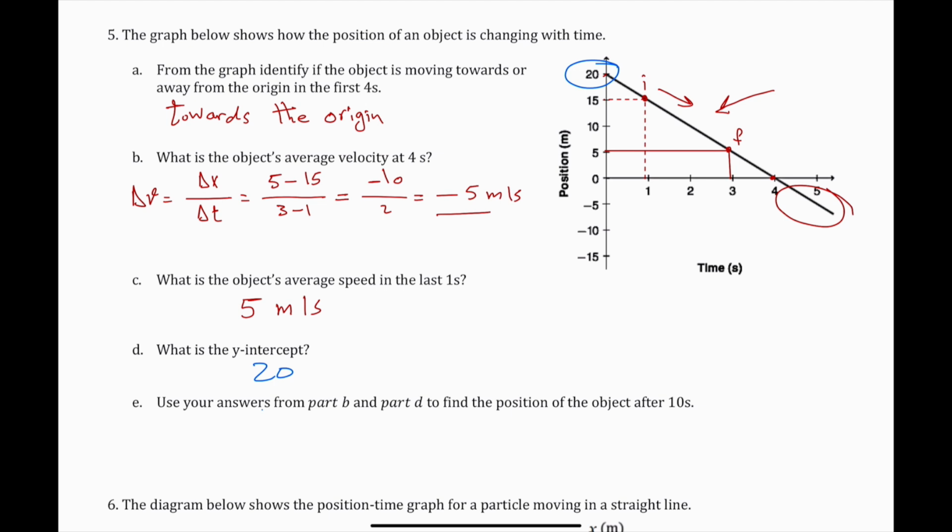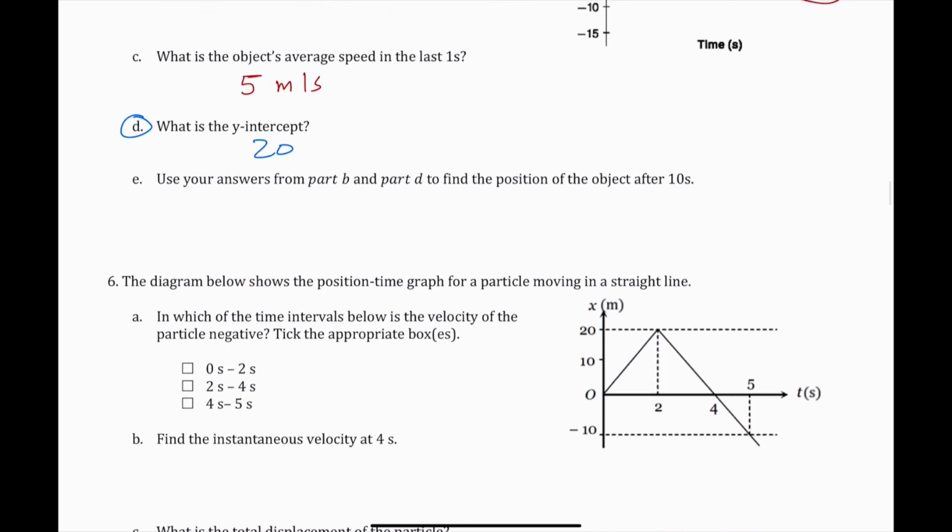E. Use the answers from part B and part D to find the position of the object after 10 seconds. We'll use the same formula. X final equals X initial plus VT.